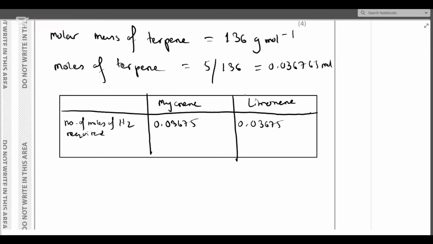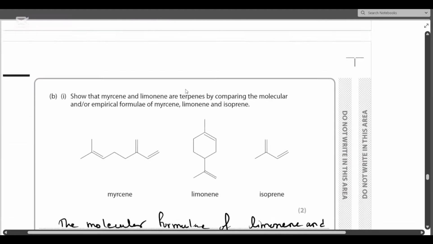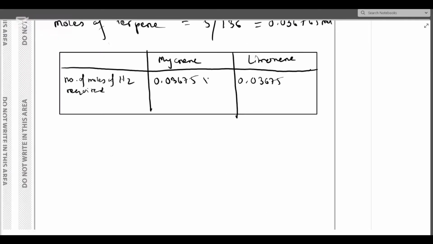The only thing you need to check is the mole ratio, which is about 3:2. So you have times 3 and times 2, and the moles come as 0.11030 for this one, and 0.07353 moles of hydrogen for the other.